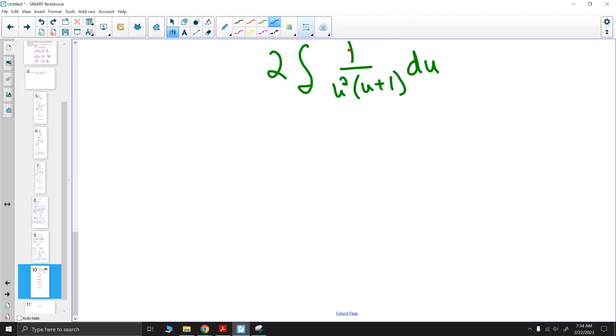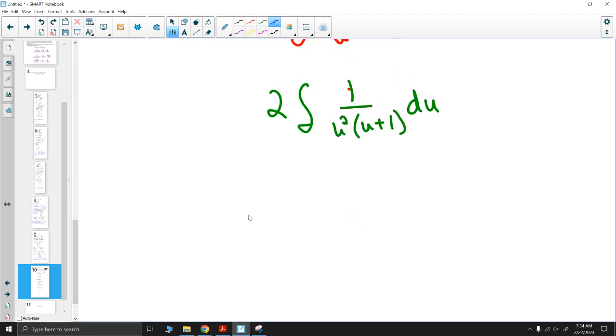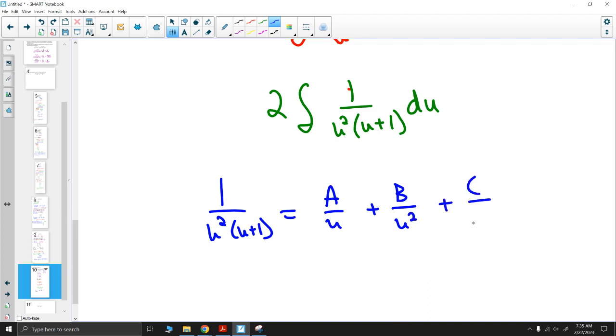This 2 is still out in front, but let's just worry about splitting this up for the time being. 1 over u squared times u plus 1 is equal to a over u plus b over u squared plus c over u plus 1.